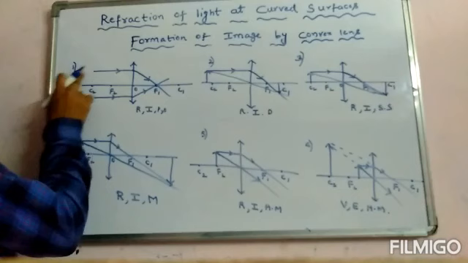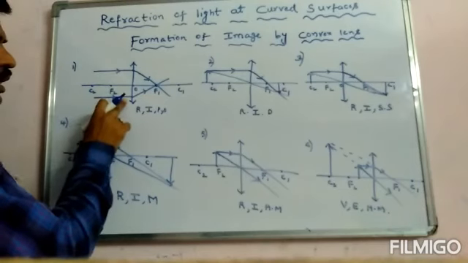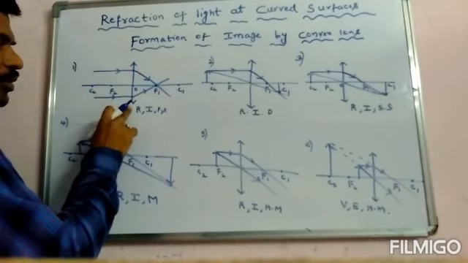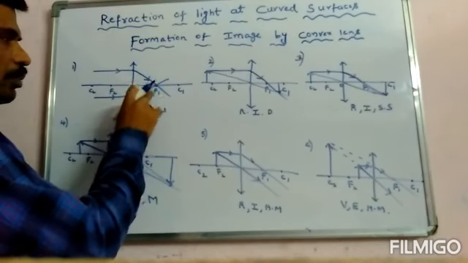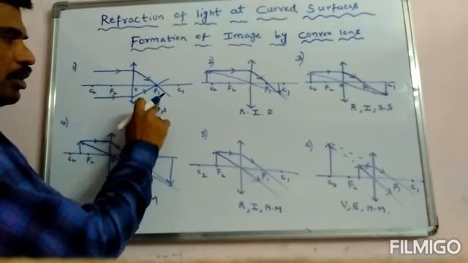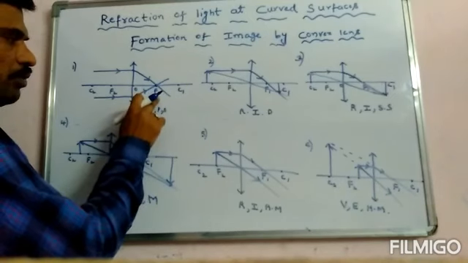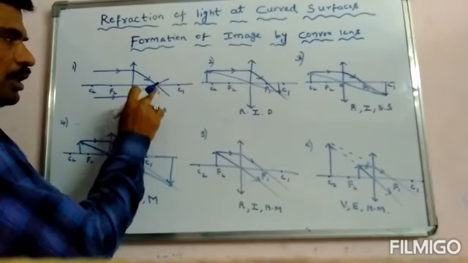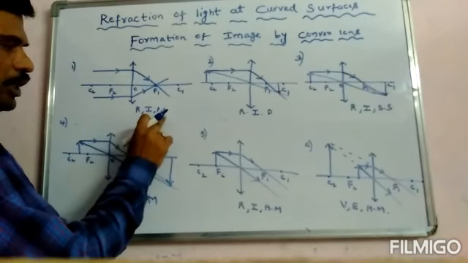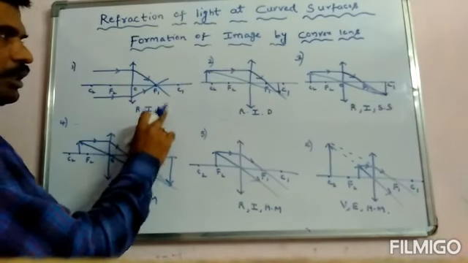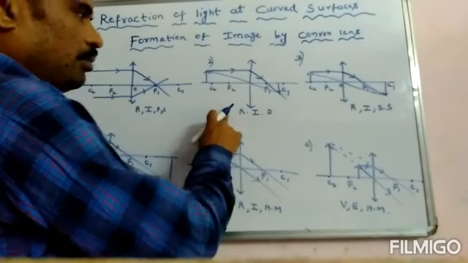If the object is at infinity, the rays are coming parallel and are incident on the convex lens, and after refraction they converge at a point called the focus. So at the focus the image is formed, and the nature of the image is real, inverted and point size.